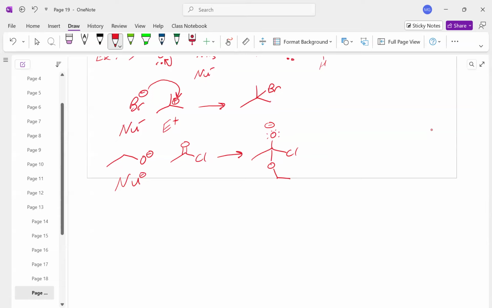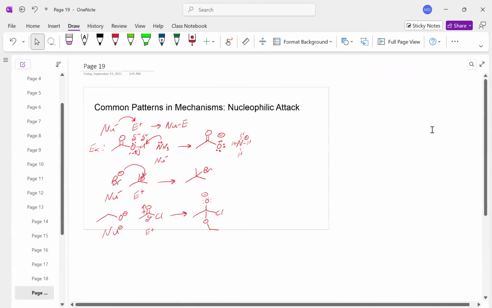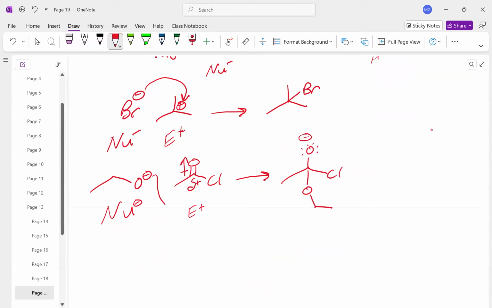Well, in this carbon-oxygen bond, the oxygen is highly electronegative. That carbon is going to have a partial positive charge. So there's my electrophile. And if this follows the trend right up here, nucleophile making a bond to an electrophile, then let's do that. Here's where my bond is forming from that oxygen to that carbon.